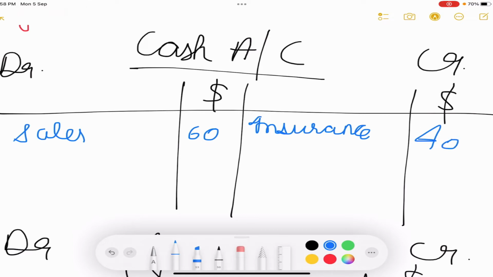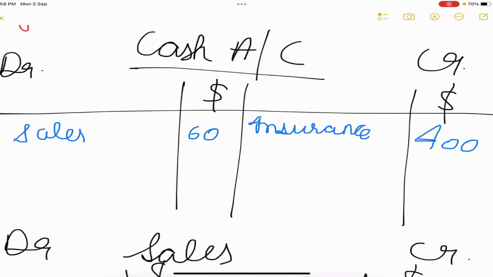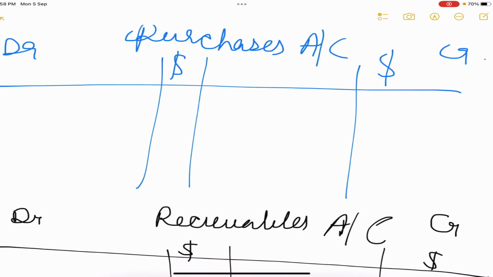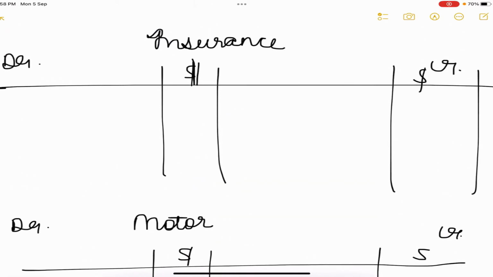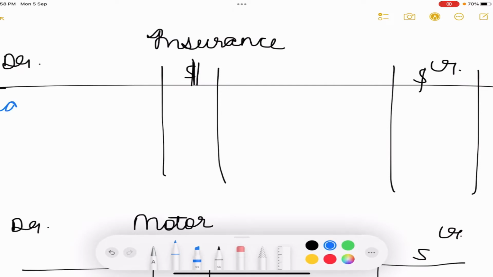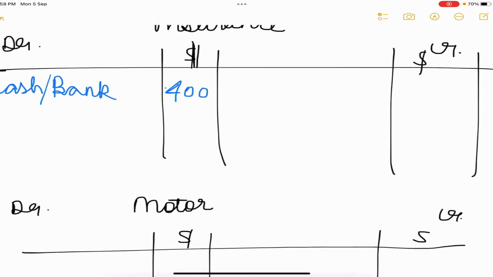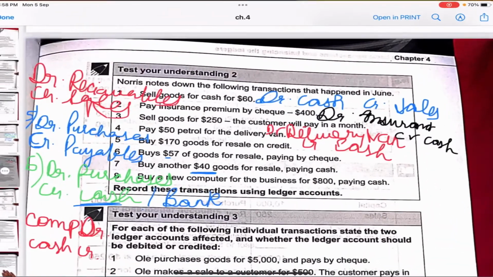So let's go to the insurance account and write: insurance is getting debited, cash is getting credited. So let's write cash or bank. Preferably make sure you write bank, because at the end of the day everything takes place through the bank. And the amount is 400. Hope it's clear.